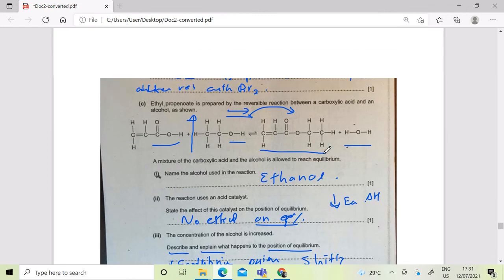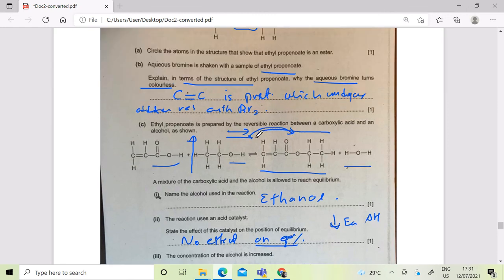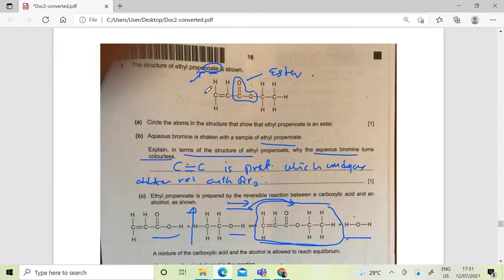This is your ethyl propanoate. How many carbons? 1, 2, 3, 4, 5 carbons. Then hydrogen: 1, 2, 3, 4, 5, 6, 7, 8, so 8 hydrogen. You have 2 oxygen. Then you need to find the mass.